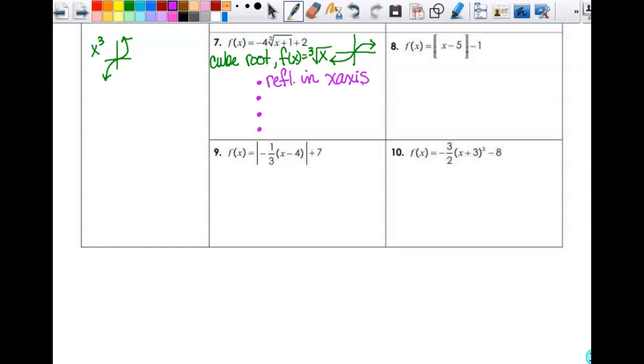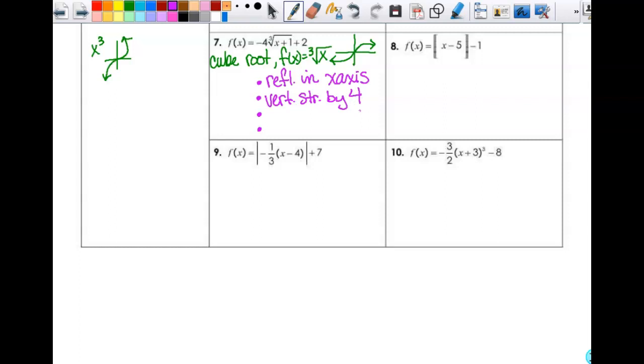It's being multiplied, so it's either a stretch or a compression. Since that is a 4, is that a stretch or a compression? Stretch. And since it affects y, is it vertical or horizontal? Vertical. Very good. So I would have a vertical stretch by 4. Okay? Everybody good with that?